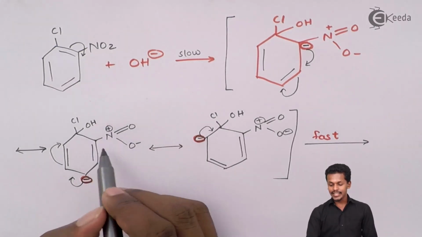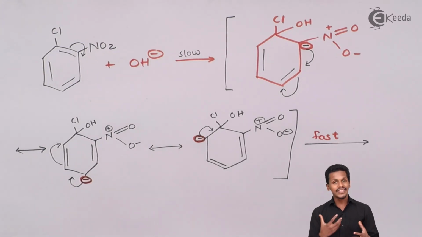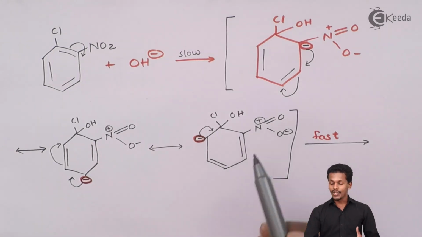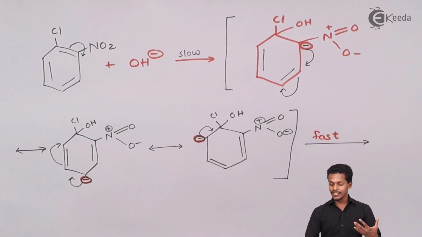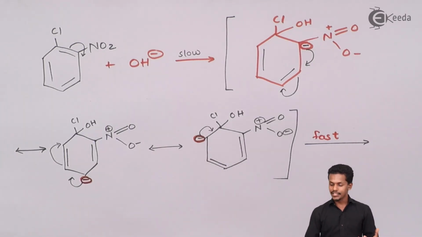But meanwhile, this nitro group is basically an electron withdrawing group, and that's the reason that the negatively charged benzene ring that has been created, because of the electron withdrawing group present on the ortho position, now gets balanced, and that is how the Cl atom gets removed, and we could find that the activity increases.